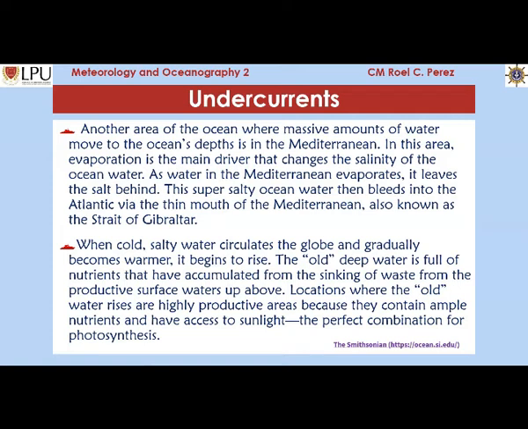So this undercurrent is going out of the Mediterranean Sea using this strait also, but under the surface. That's why it is called an undercurrent. So they meet there, the surface current and the under or deep current.